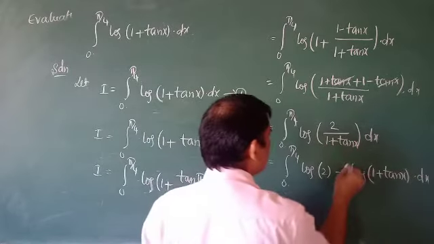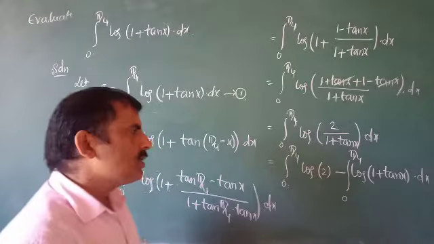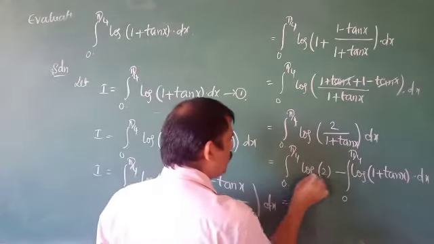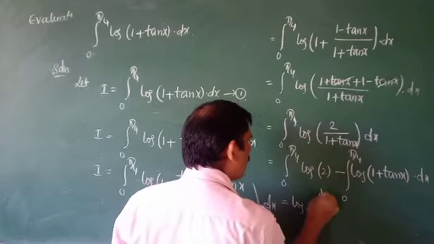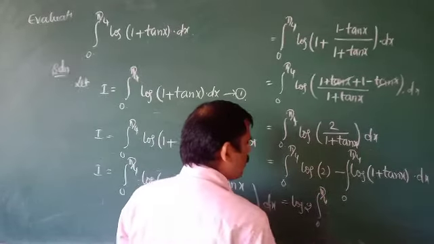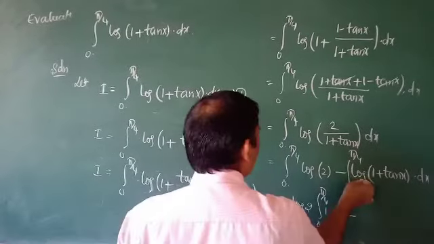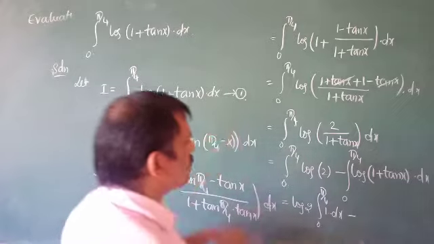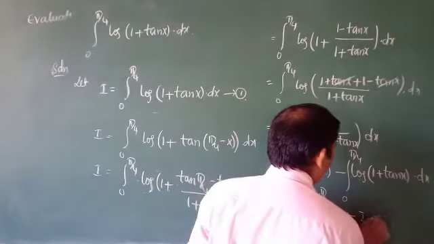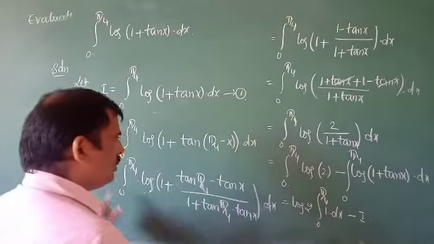Log 2 is a constant, so it is log 2 times integral of 0 to pi by 4 of 1 dx, minus integral of 0 to pi by 4 of log of 1 plus tan x dx, which is I.